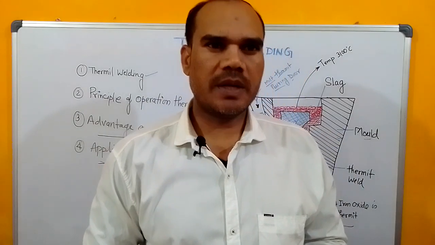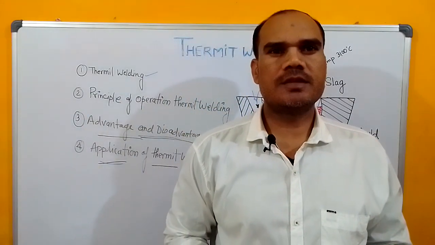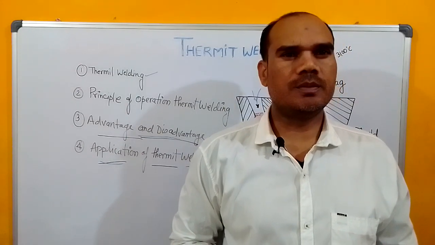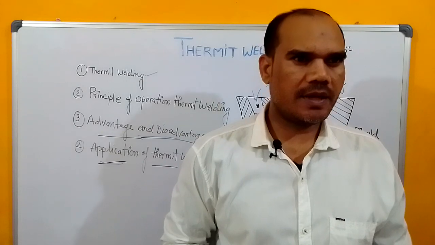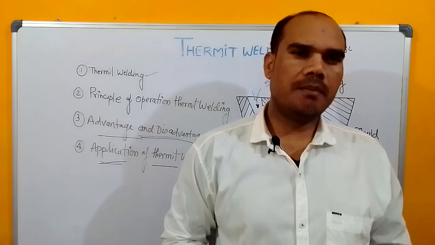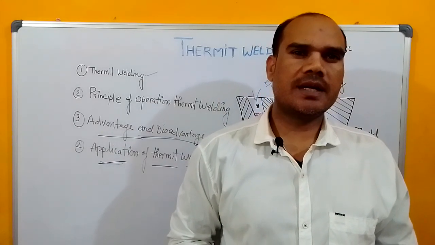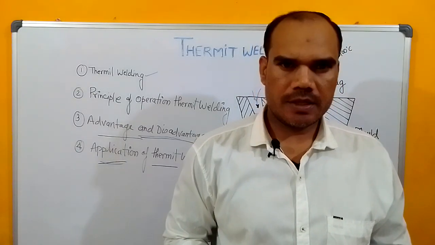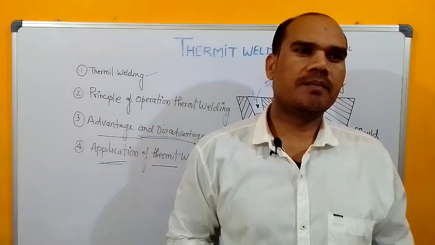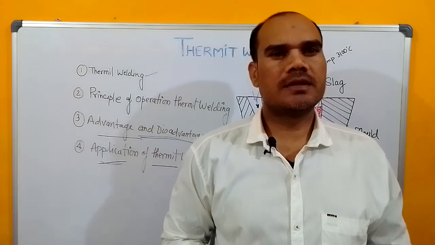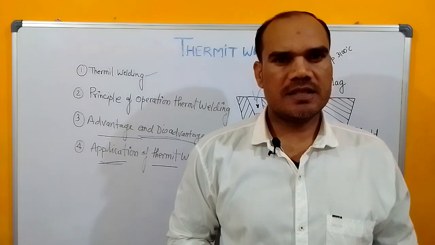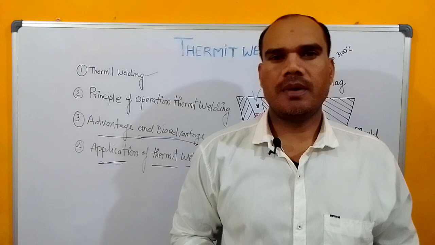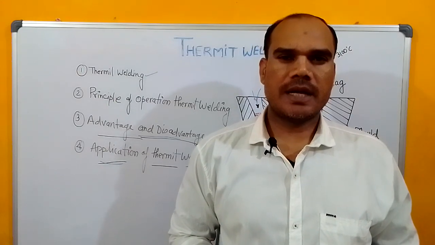In this process, superheated molten steel is poured all around the place where the joint is to be made. So the surfaces of the metal melt and fuse into each other. By making a suitable gap between the surfaces to be joined, a thermite mixture is filled in and ignited after mixing with magnesium, aluminium oxide scrap.